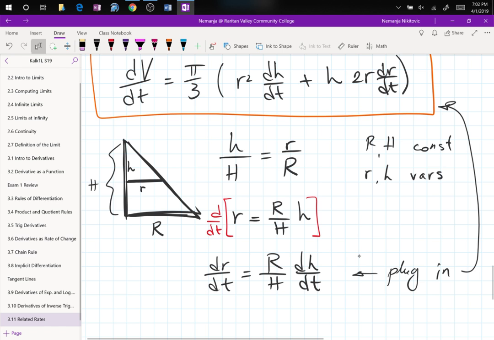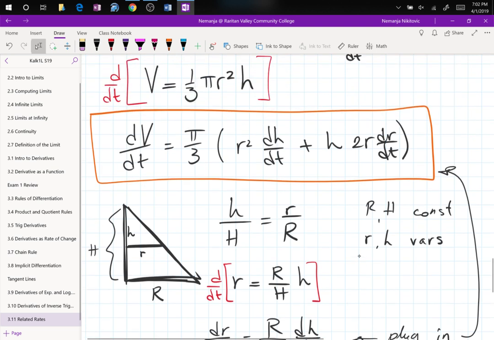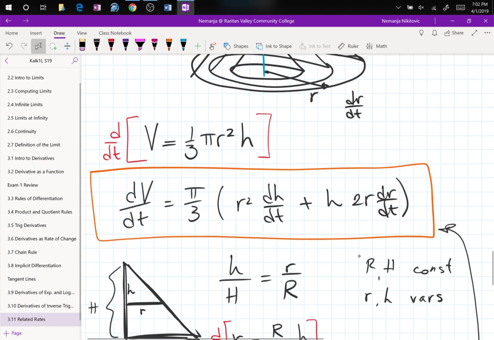So some relationship between H and R is always given to you, or you are expected to find it in order to solve the problem. And this problem is far more complicated, obviously, than the previous one, just because now radius is no longer constant.